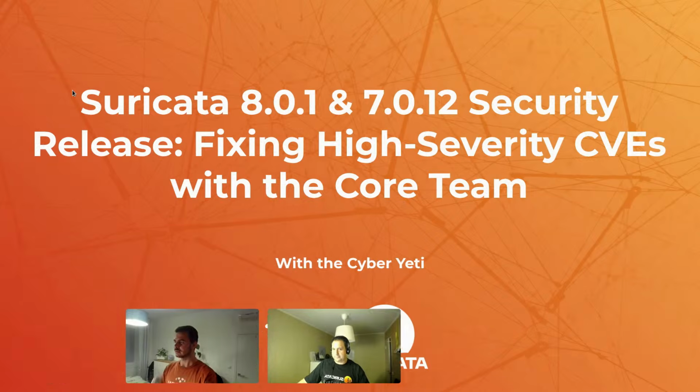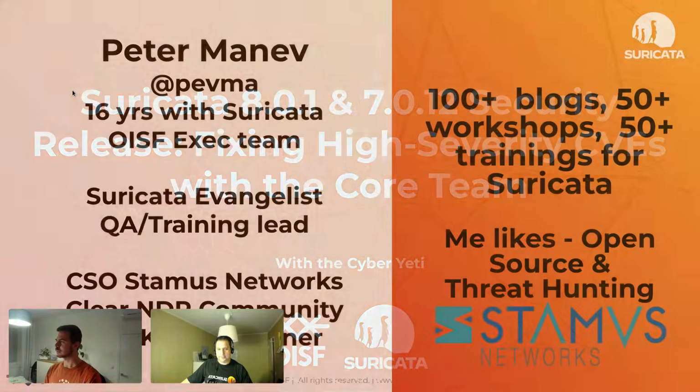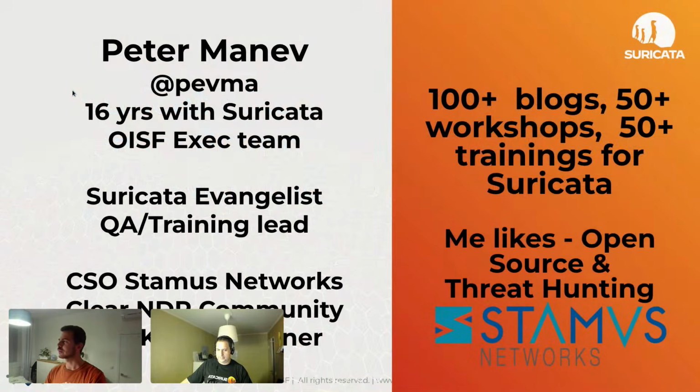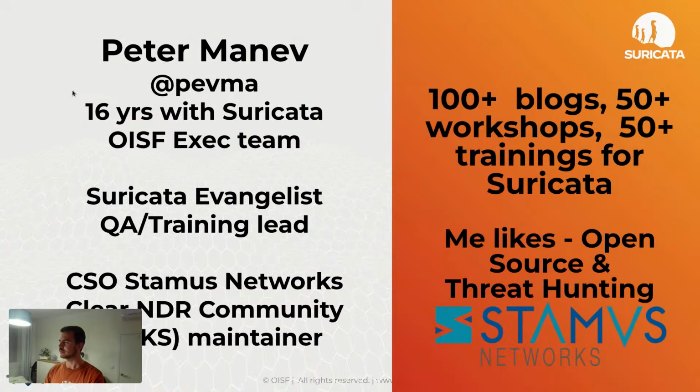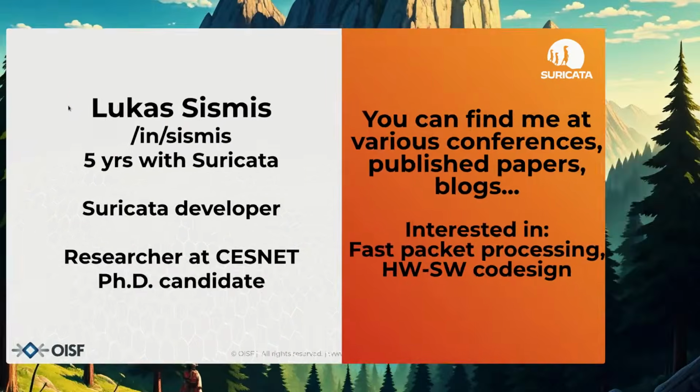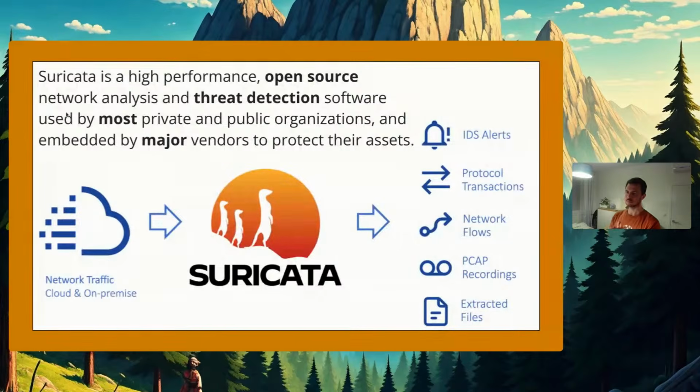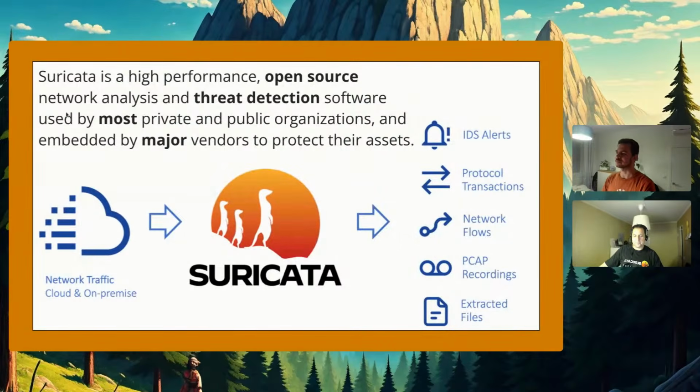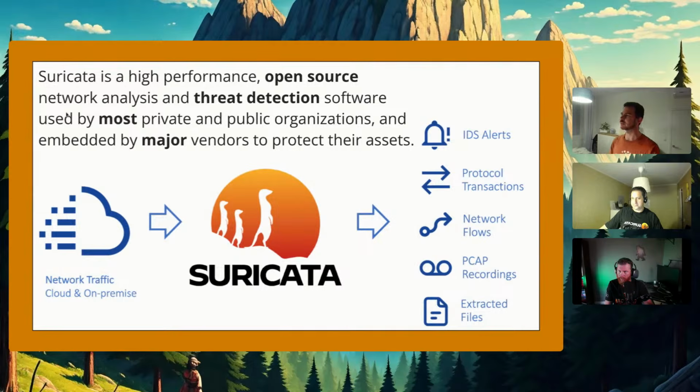Thank you. So these introductions, I think we've covered that. But let me just introduce Suricata, just to be sure everyone is on the same page. Suricata is basically the open source network analysis and threat detection engine that's used out there. It's used by many organizations to secure their networks and assets.